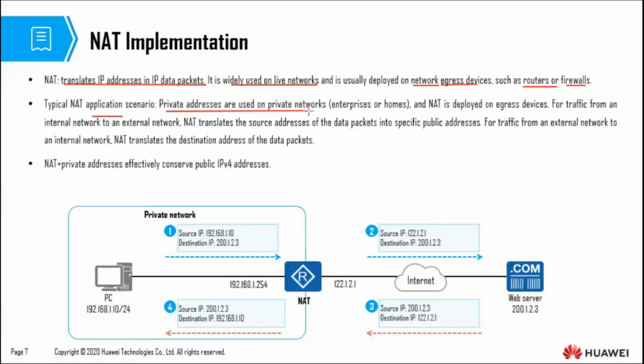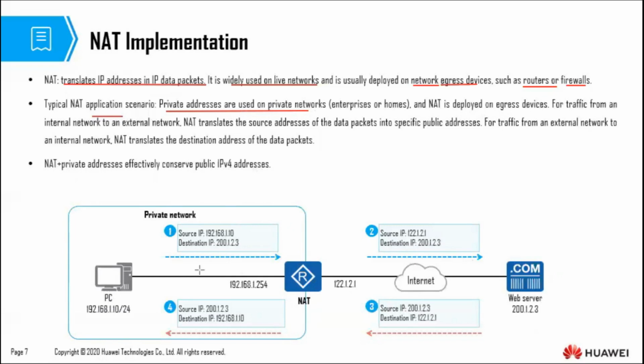Are you getting the point? But again, Safaricom has also assigned that device a public IP address. So when you're going out to the internet, we change your source IP address from a private IP address to a public IP address. So that is exactly what is happening here.